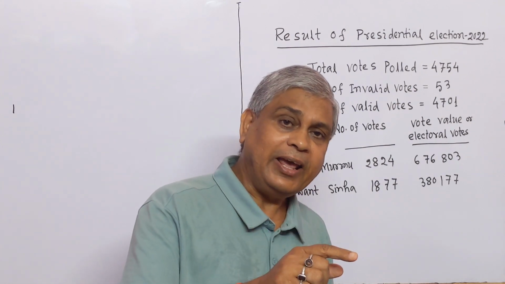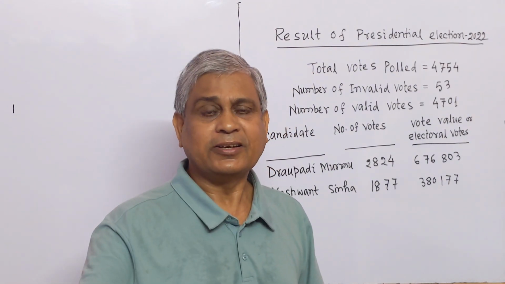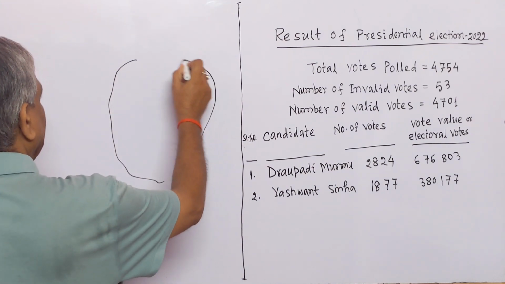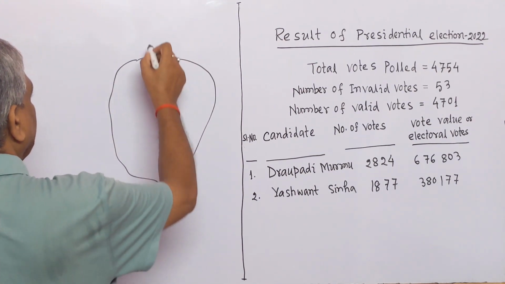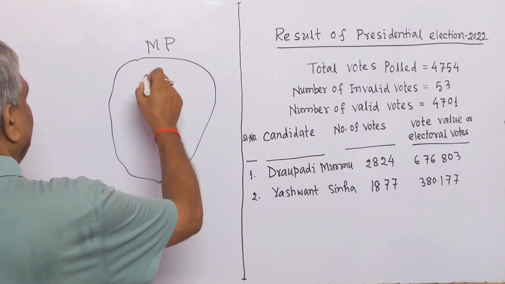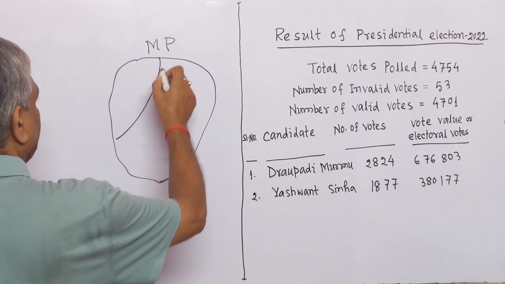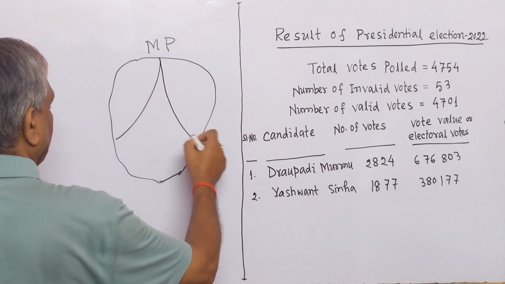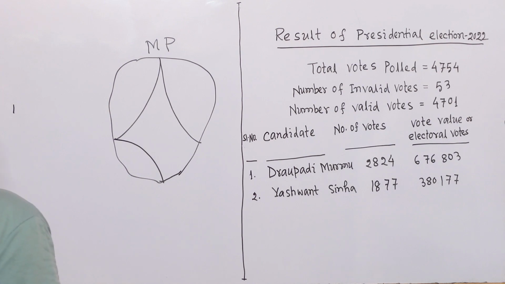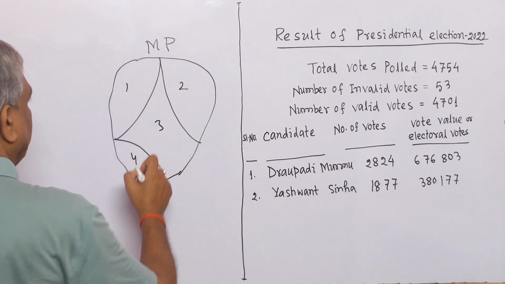As MLAs and MPs are voters, now we may see that this is a region for an MP and this region is divided into some regions. Let here regions 1, 2, 3, 4.